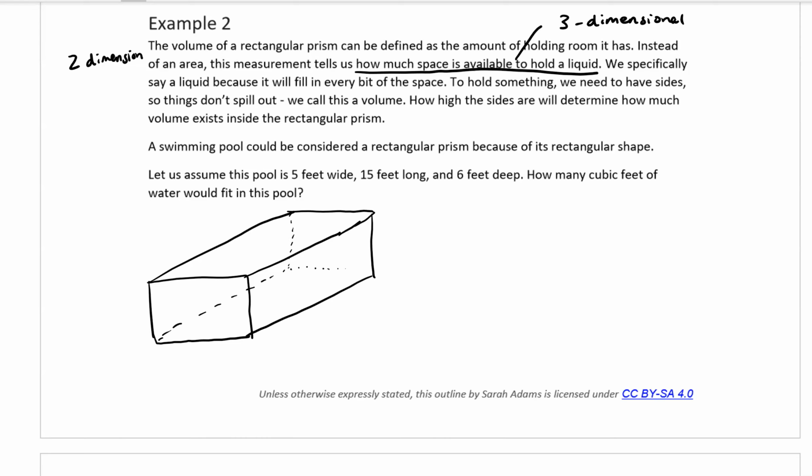So I'm drawing dotted lines to represent, if we're facing the pool from the front, we can't see those dotted lines, but they are there to form this shape, which we call a rectangular prism. So this here is going to be 15 feet. We know the depth is 6 feet, and the width, we'll say, is 5 feet.